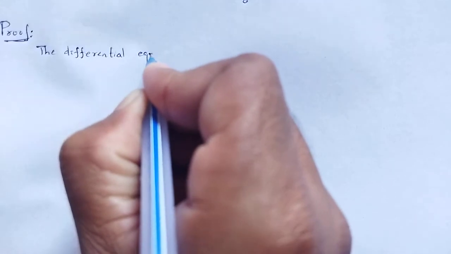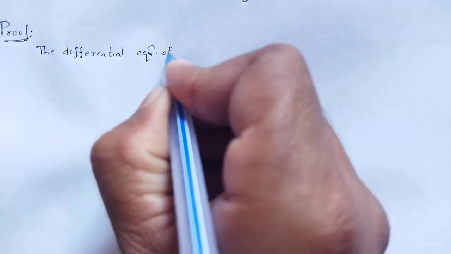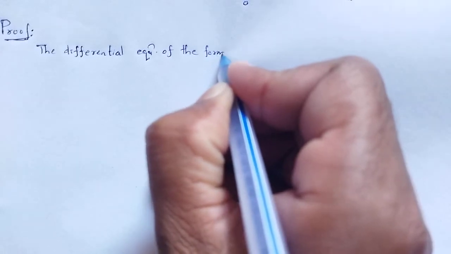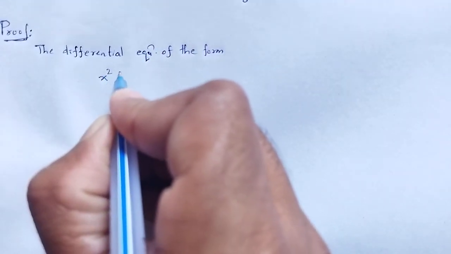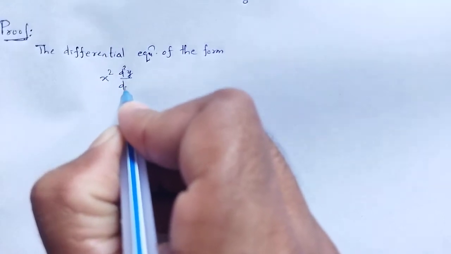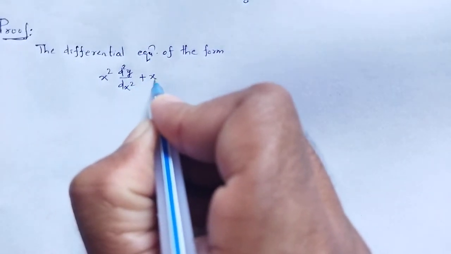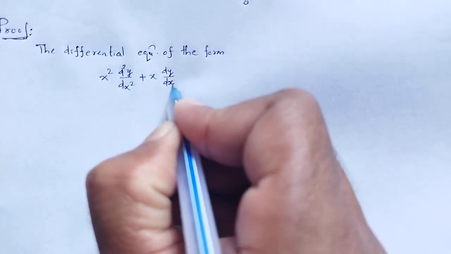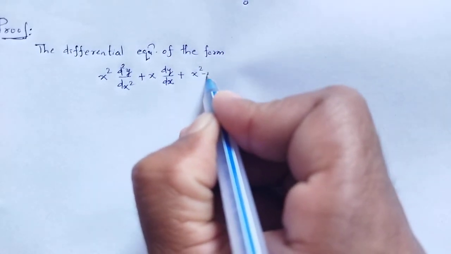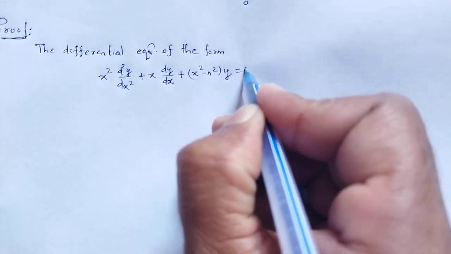Proof. What is Bessel's differential equation? The differential equation form: x square d2y by dx square plus x dy by dx plus (x square minus n square) into y is equal to 0.